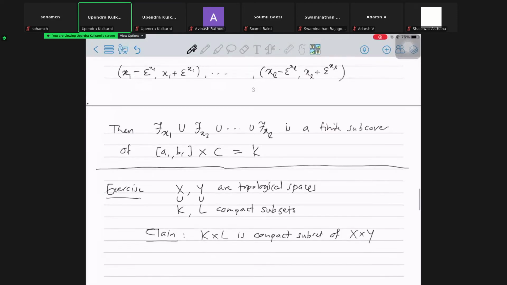So I will just say where open sets of X cross Y are open set of X cross open set of Y. At this point, you should really make me pause.